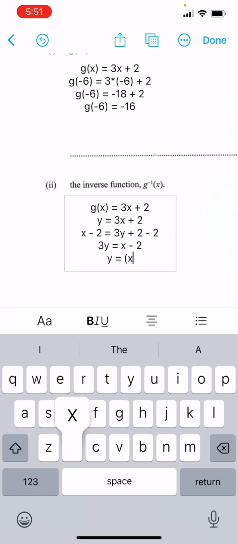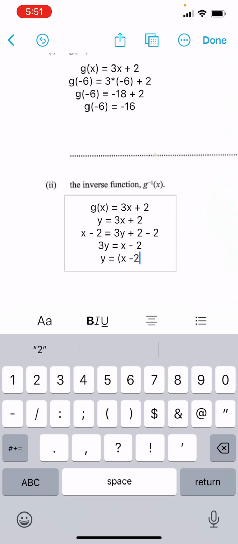Right? Now, to get y by itself, you're just going to divide both sides by 3. And put this in brackets, x minus 2, divided by 3. All right? And this is it. This is the inverse function of g of x.